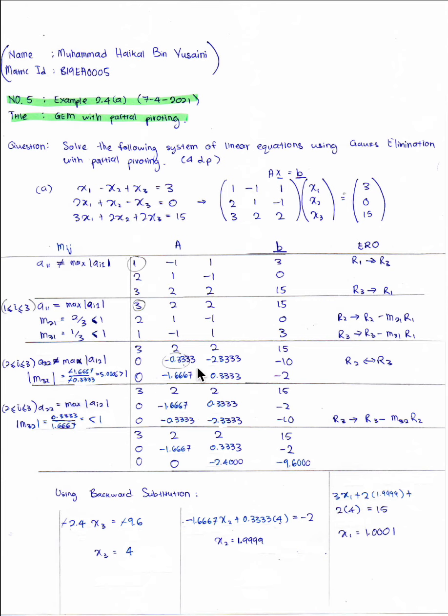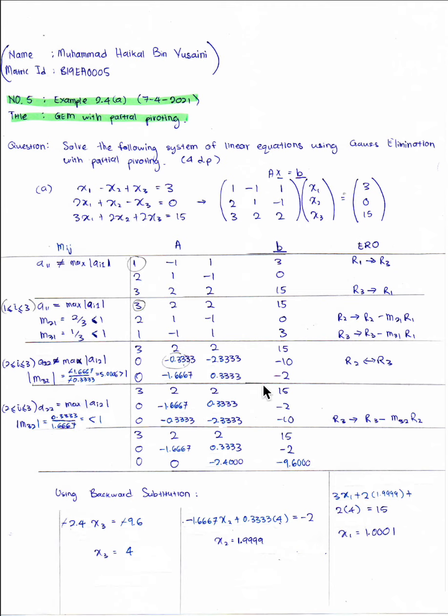To make sure this value equals 0, we must make sure that this pivot is the maximum over this value. This is smaller than this, so we must change the row. So let's exchange row 2 with row 3, and then we get 1.667 up and 0.333 down.